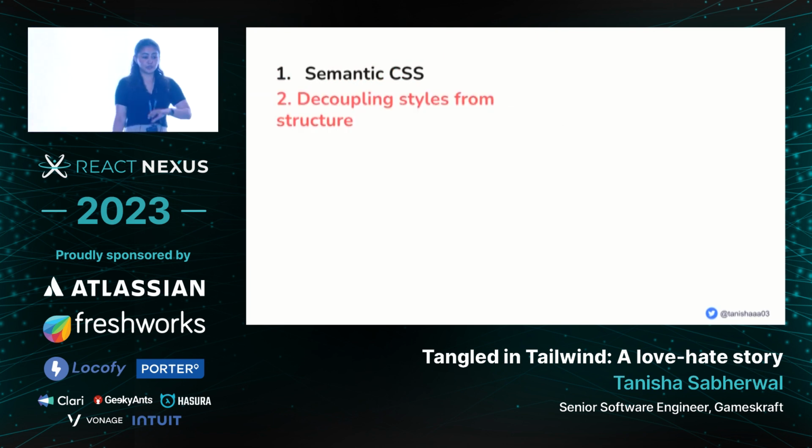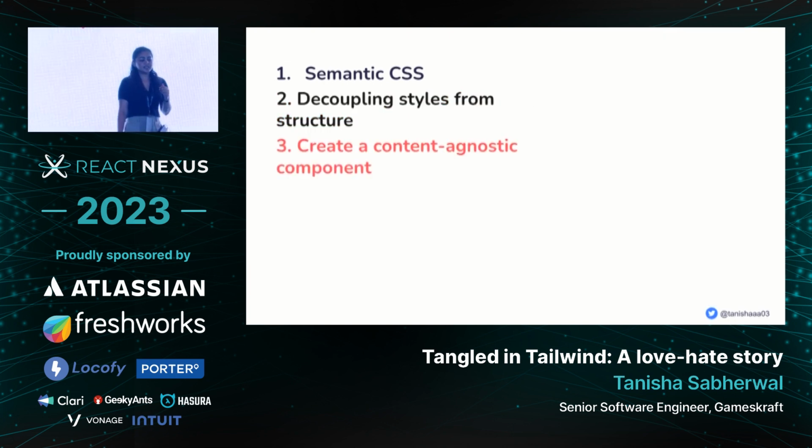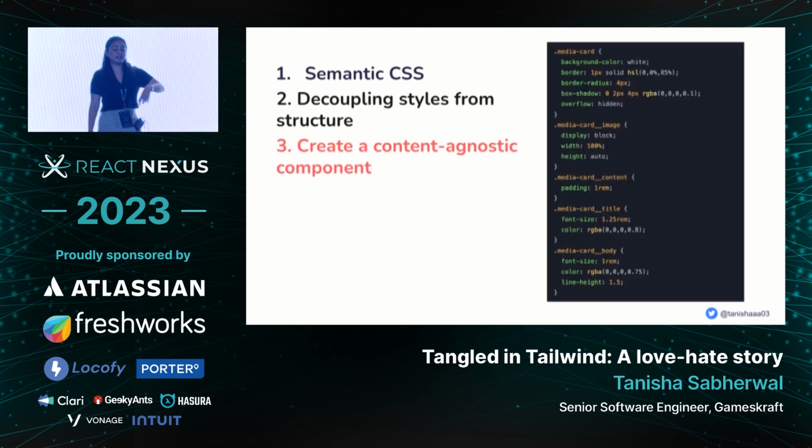So what do you do? You decouple those styles from the structure. Instead of having that structure, you create different classes for each of these elements and define a style for it. This is more of a BEM approach in CSS, but this does not work because if you want to reuse these styles anywhere, it does not work. So you give it more generic names so that you can use the same author bio in your media card, text, and so on.